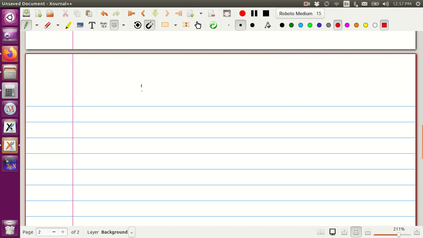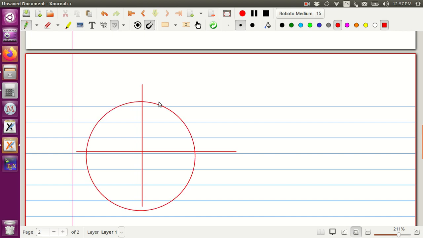We take a unit circle, and in this unit circle, we measure angle theta. This is angle theta. This is the triangle I was talking about.